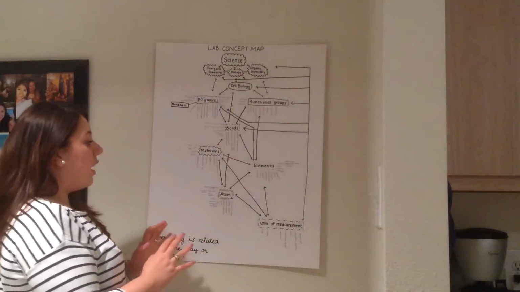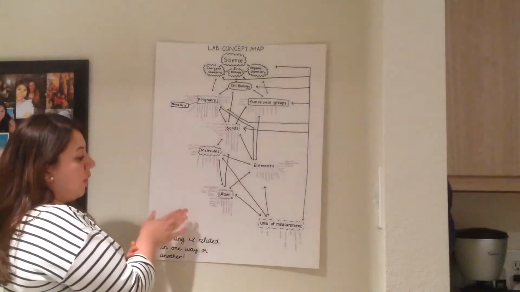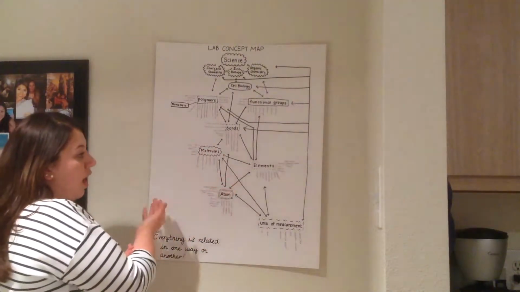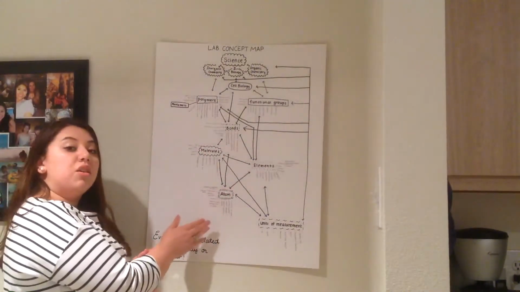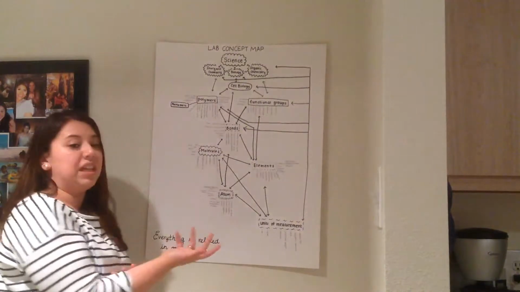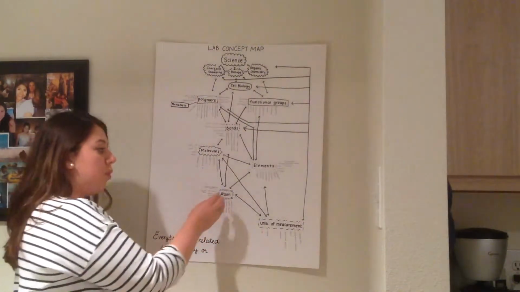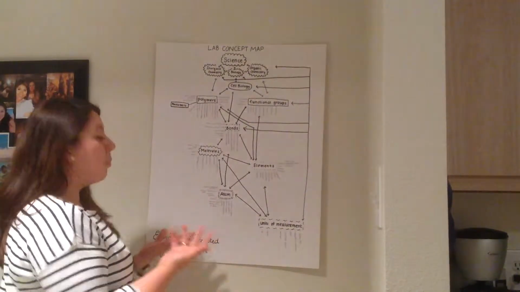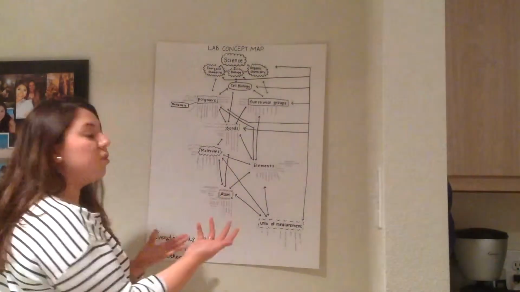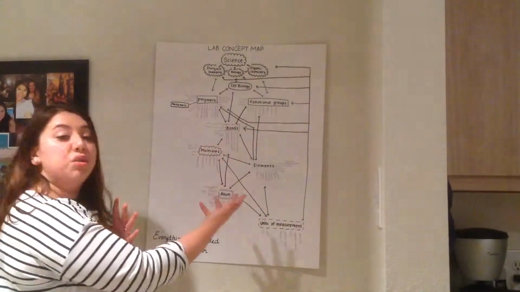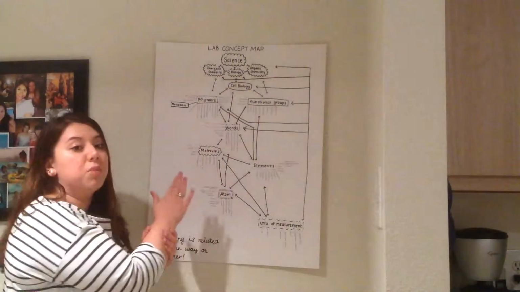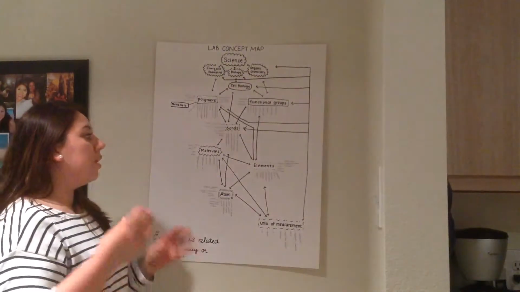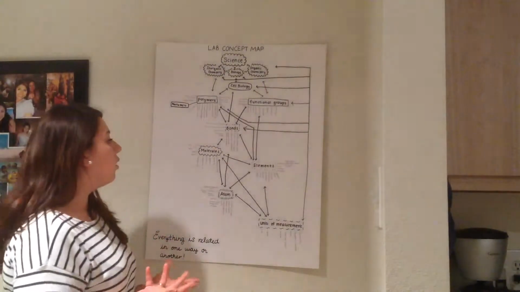For example, although nucleus of an atom can relate to a lot of these things, I wanted to include it under atom because we first see these terms when we're learning about atoms. And molarity, it relates to other things here too, but I wanted to put it under molecules because we start learning about all of that stuff when we start to learn about molecules.